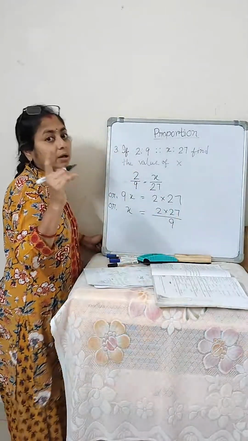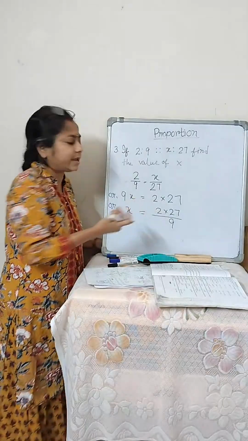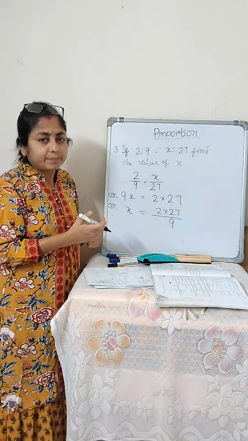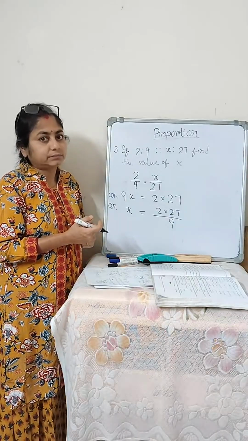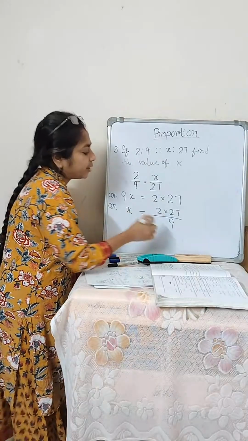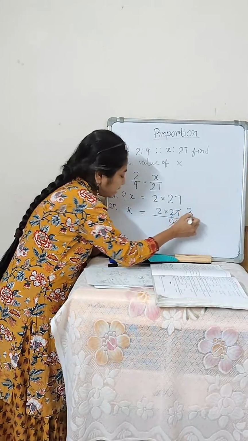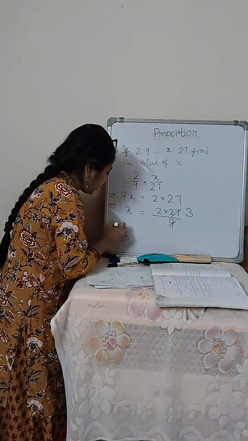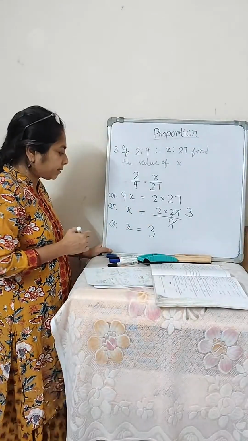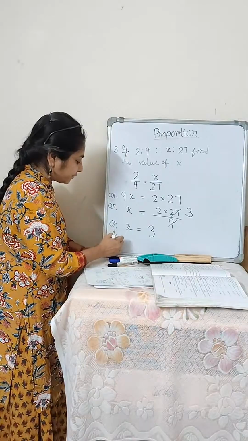We do not do any multiplication because it is a small number, but sometimes it is a big number, so in the multiplication there are chances to make mistakes. So I do it by the simplification method: 3 to x is equal to 3. Okay.